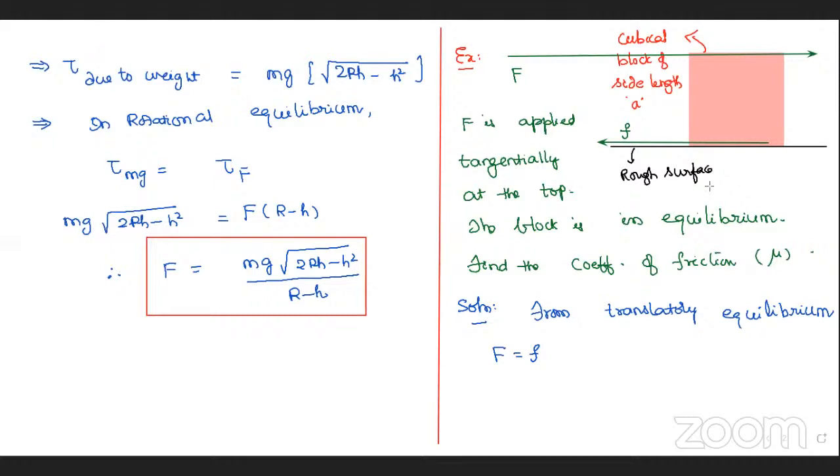First, we try to complete the translatory equilibrium. Another one is weight like this. And the next one is normal reaction like this by the surface. It is mg and that is normal reaction. In translatory equilibrium, we write mg equals N.